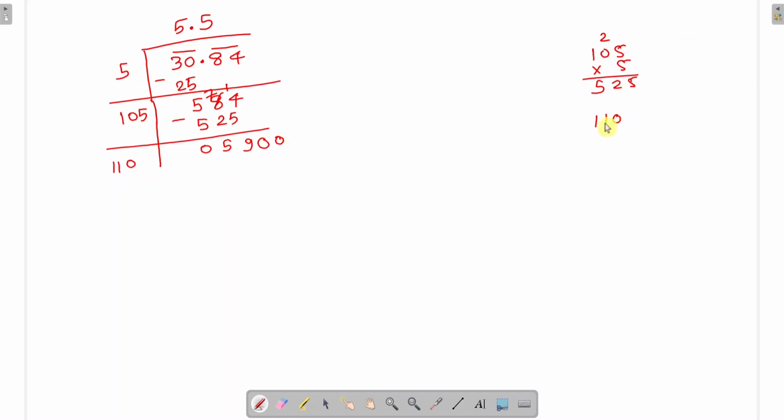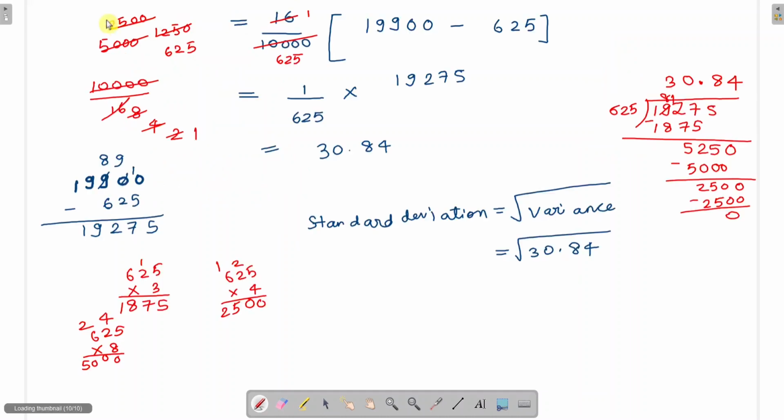Now 1105 times 5 is 5525. So up to this 2 decimal places it is enough. So 5.55 is the standard deviation.